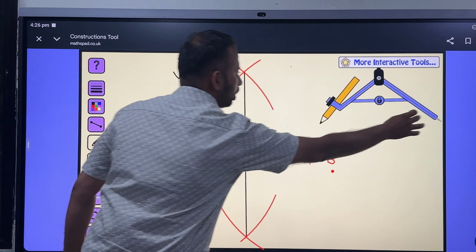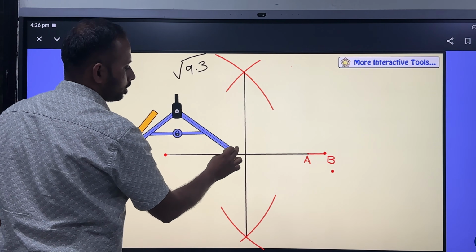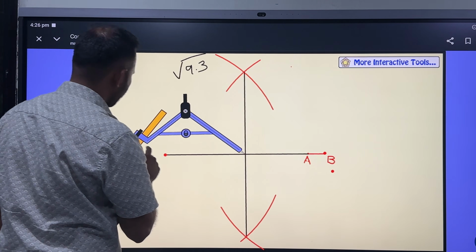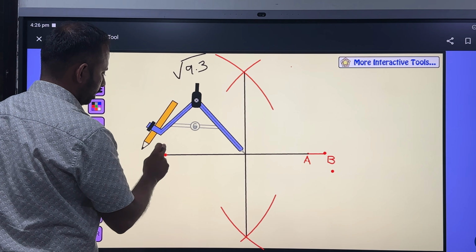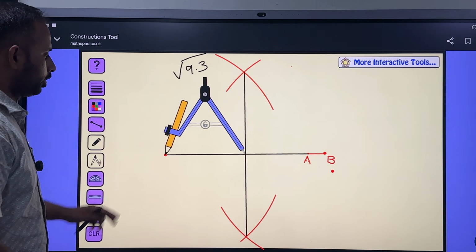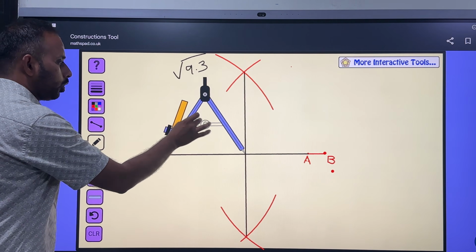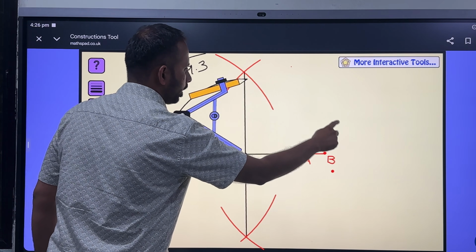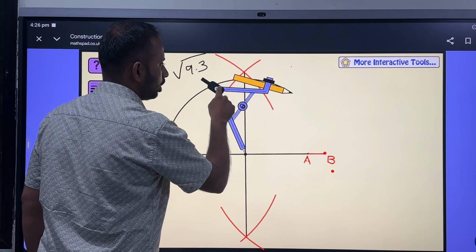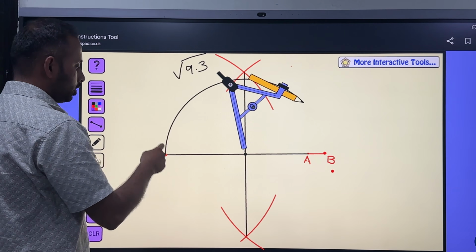Take the compass, place it at this point and take it to one end of the line. Then draw a semicircle. Your semicircle should touch both points.